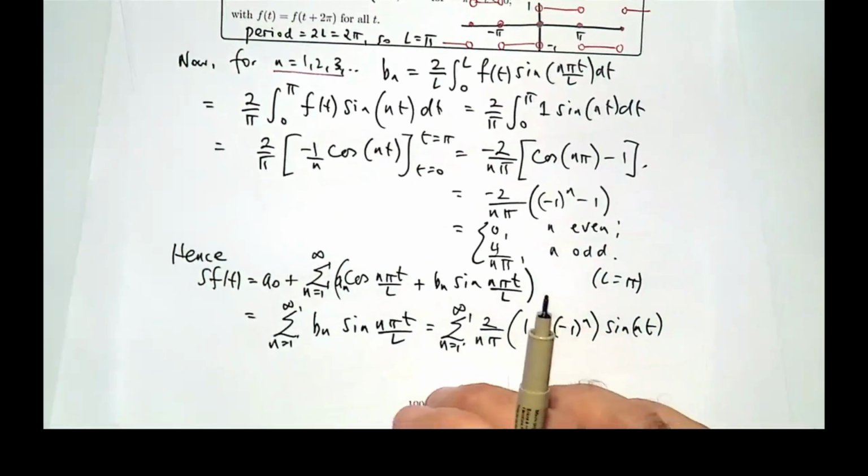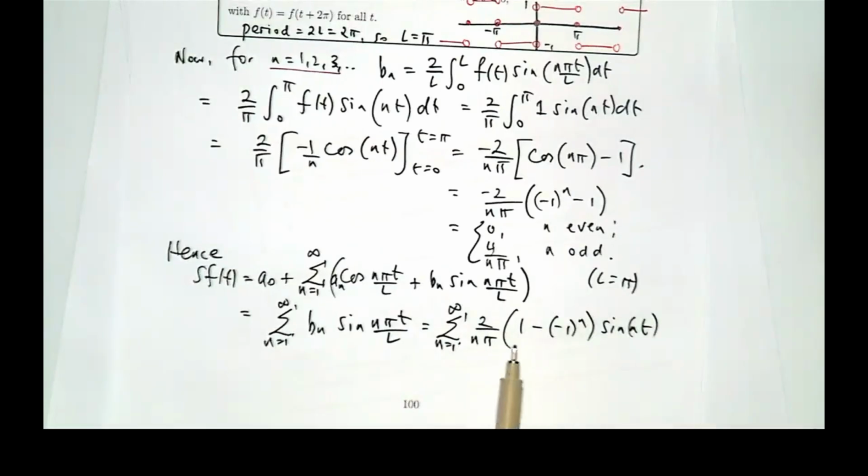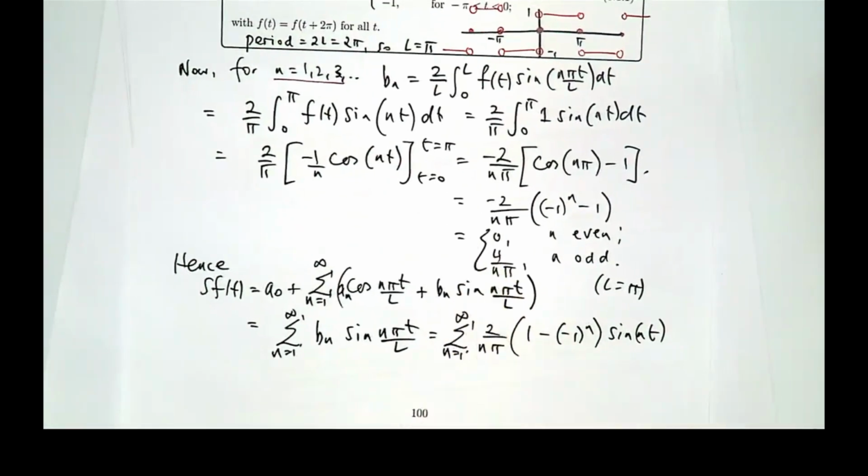And so now I'll simplify this by only adding the odd ones. Why am I only interested in the odd values here? Because everything else just gives you 0. So I can do this.